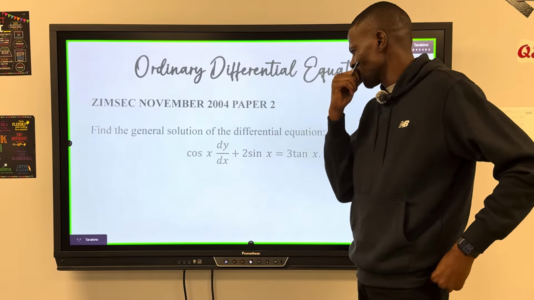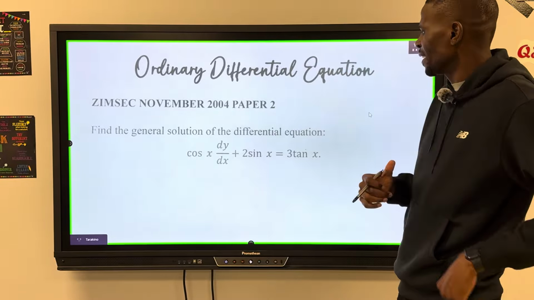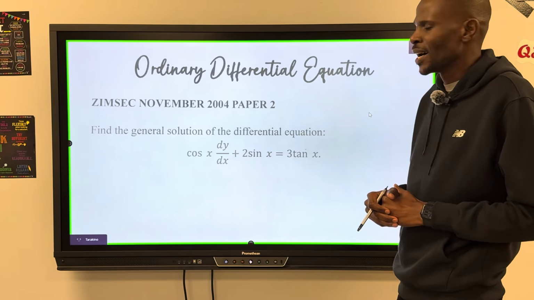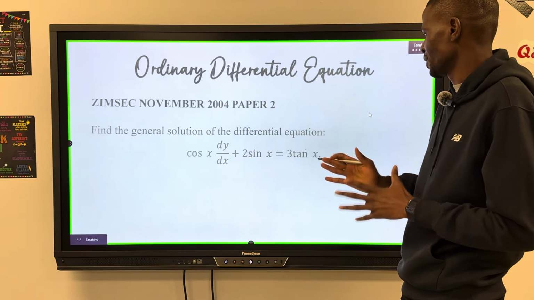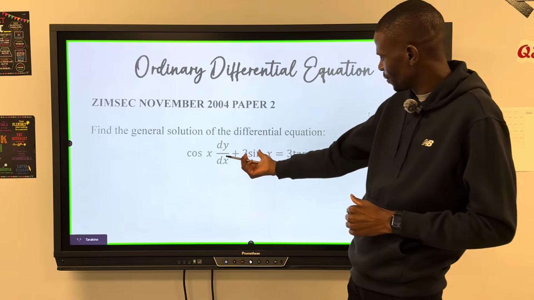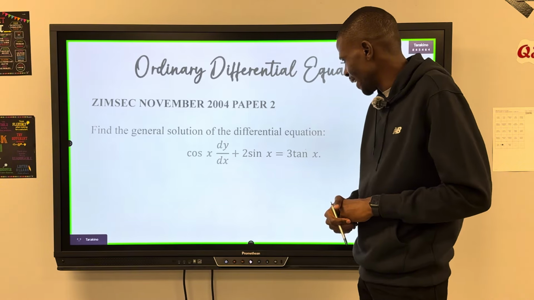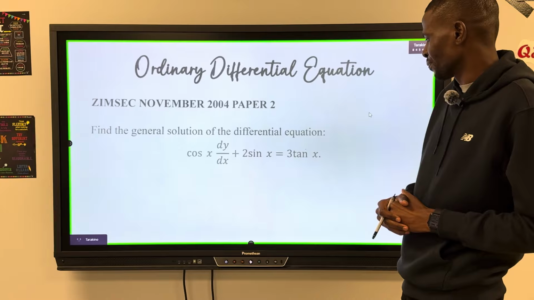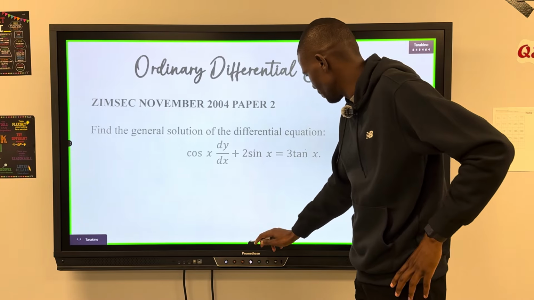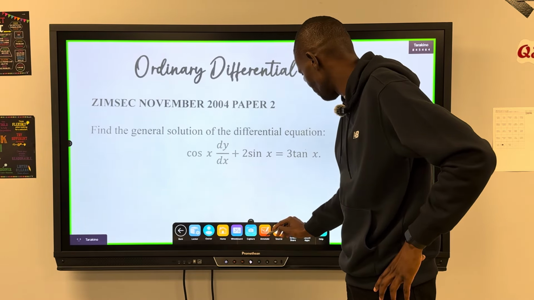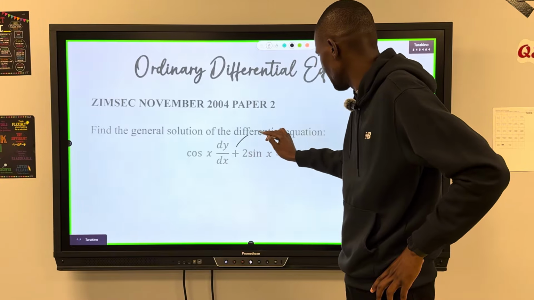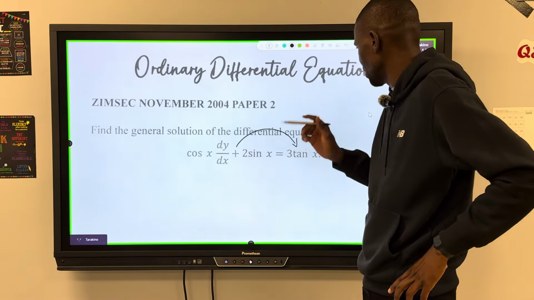Okay, so with this problem, guys, first things first, we need to see how we can separate the variables here since we have another term that is being added. So I believe for this problem, what we can do is move this up here, right?